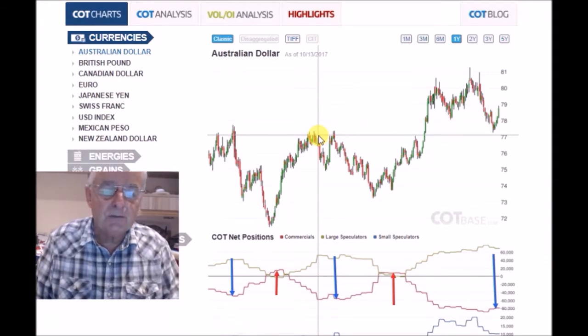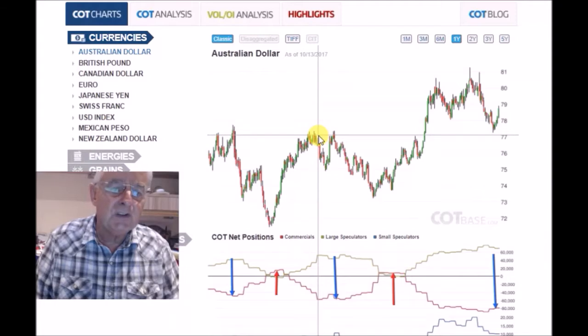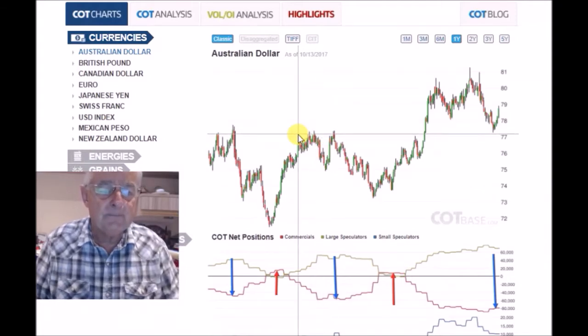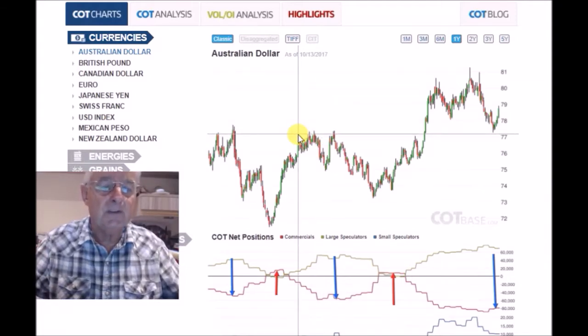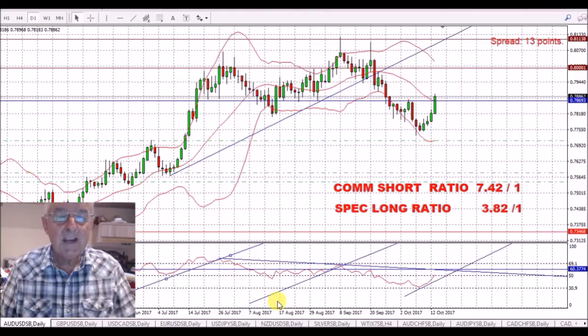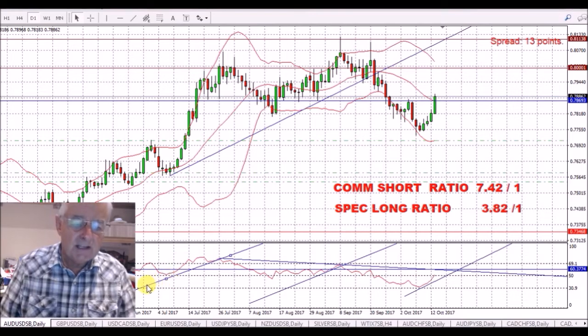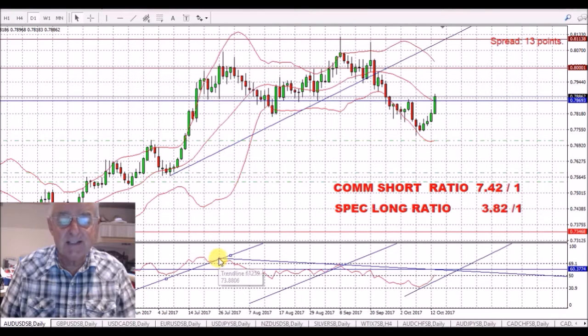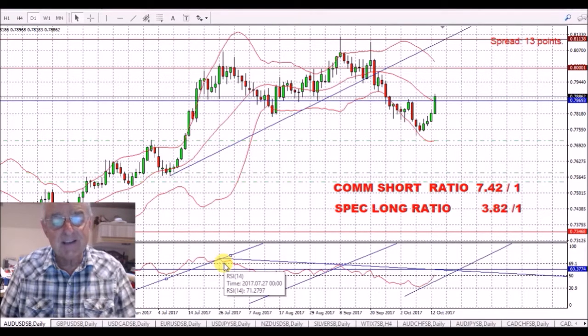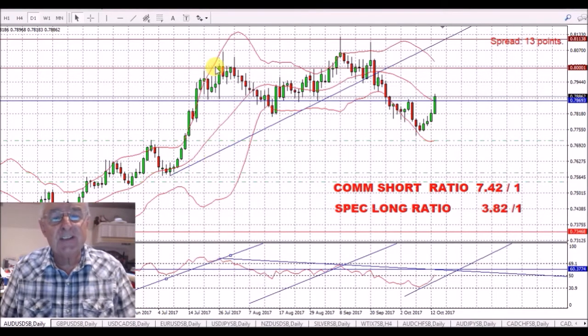This is a very useful tool, and we can show you other ways that we use it. Here we have the Australian dollar, US dollar, and the RSI. If we put a trend line on the RSI and wait for it to go above the 69.1 and come back down and cut through it, this gives us a sell signal. This would have been a very good sell signal here, indicating this big long fall.